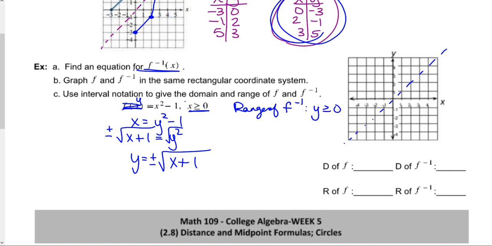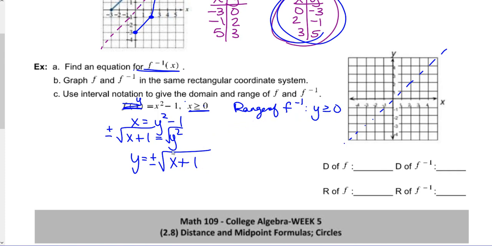Let me say that again. Because the domain of f is the range of f inverse, we can symbolize by switching our x and y's that if x is greater than or equal to 0 in the domain of f, therefore y is greater than or equal to 0 in the range of f inverse.